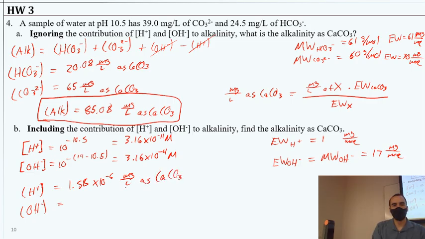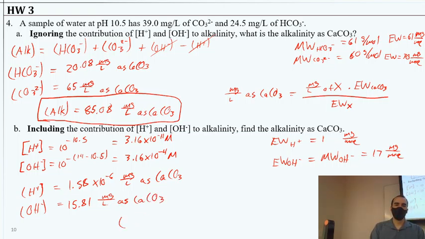So a very small number, and OH minus is 15.81. And actually you can see these numbers are parallel through the whole thing because it was 10 to the minus something point 5, and it turns out that just works out. So that's just 15 milligrams per liter as CaCO3.